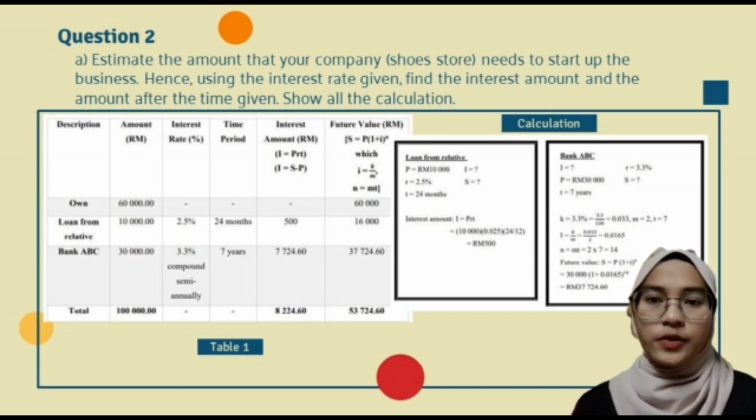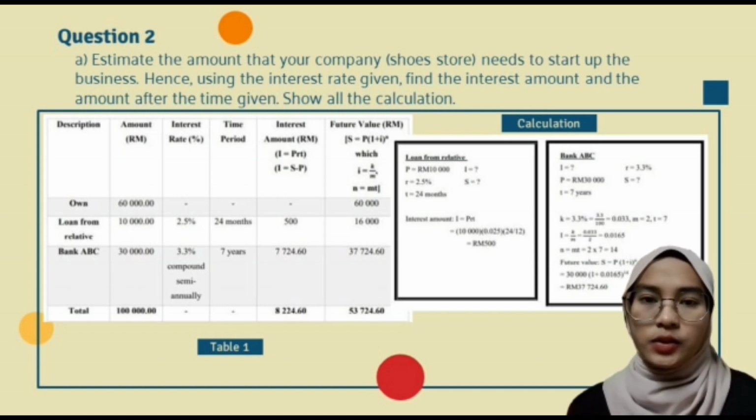I am using the formula I equals PRT to calculate the interest amount. The answer for loan from relative is 500 ringgit Malaysia, and 7,724 ringgit Malaysia and 60 cents for loan from bank ABC.